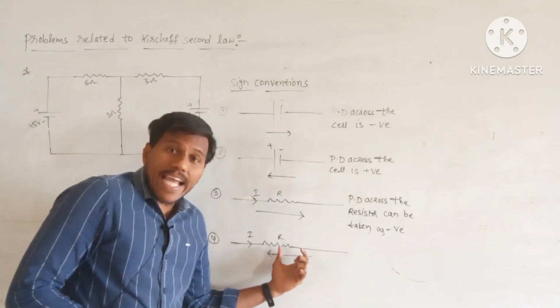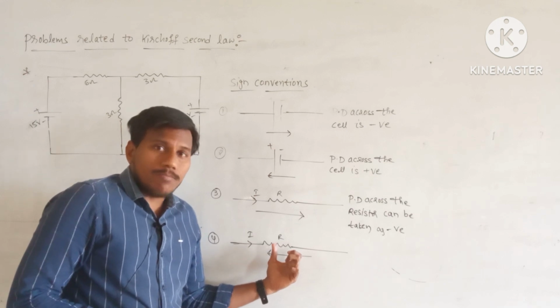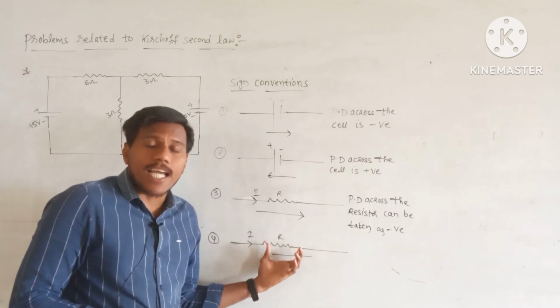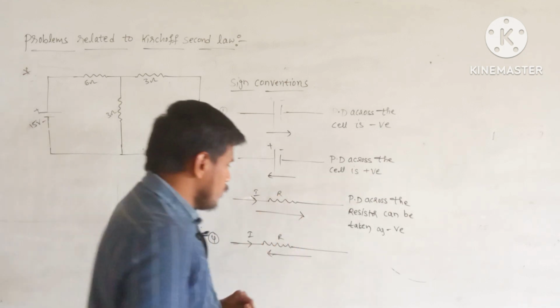When we move against the direction of electric current which passes through the resistor, that time the potential difference across the resistor can be taken as positive.